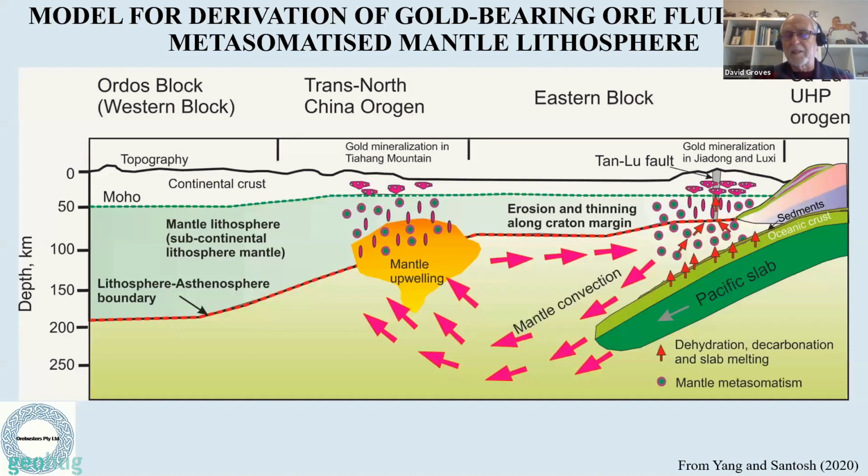So again, it's occurring on the craton margin. Again, it's the biggest gold province in China, and almost certainly hydrothermal, but directly from metasomatized lithosphere.